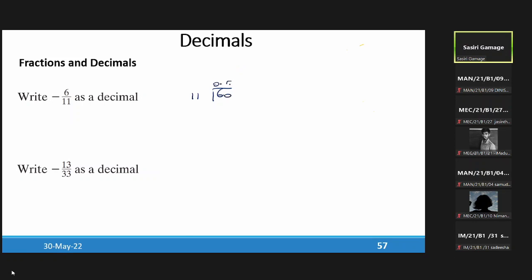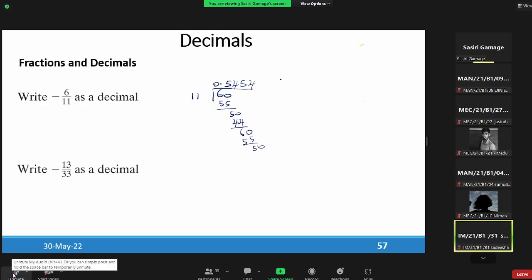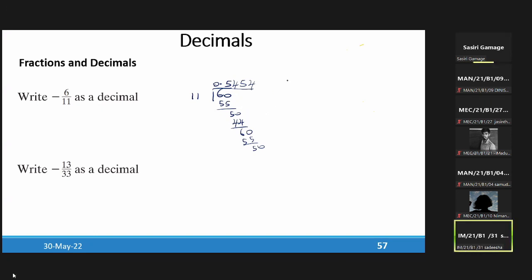It's continuing. You can see what's the answer actually. Negative 0.545.